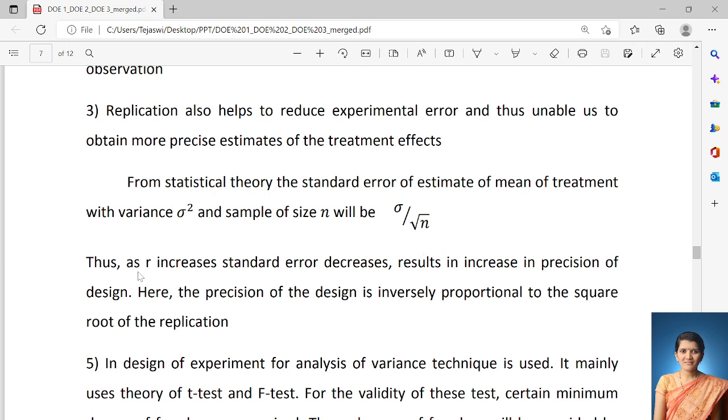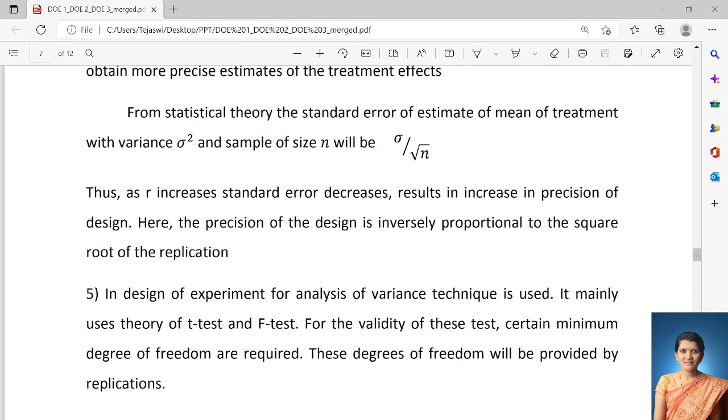So if r increases, standard error decreases. This means as replication increases, standard error automatically decreases, resulting in an increase in precision of the design.